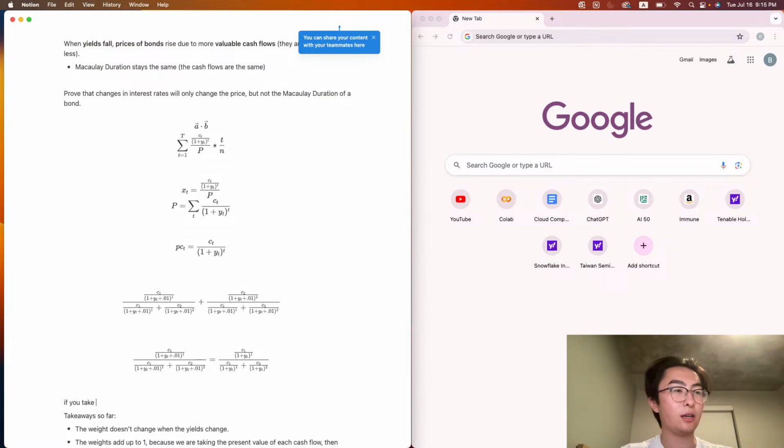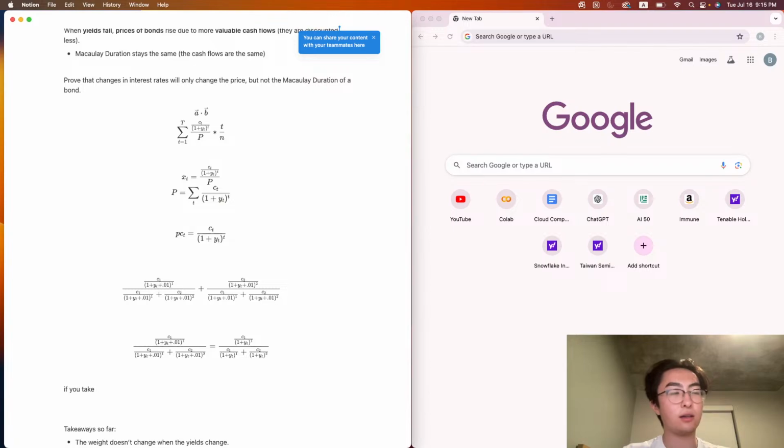If you take the ratio, what happens? Okay. That could help with understanding Macaulay duration.